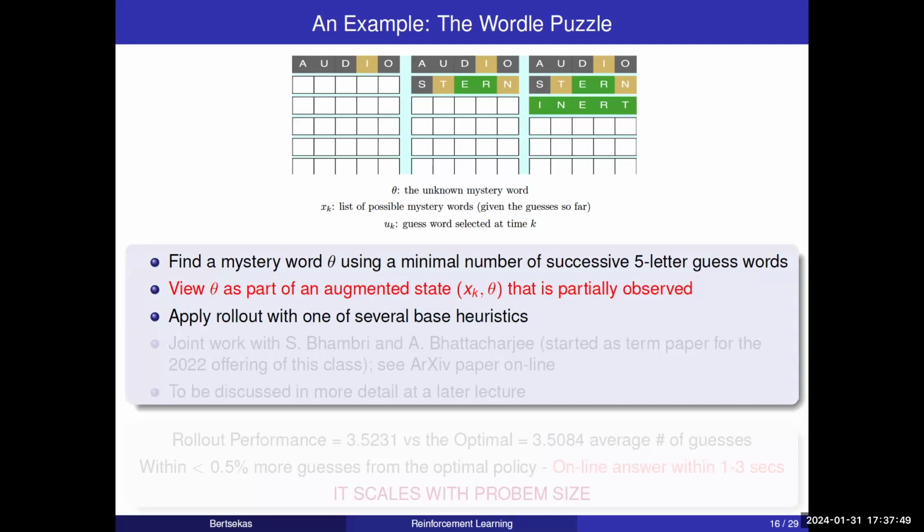So one guess word gives you a list of 100, another one 110, another one of 95, and you choose the guess that minimizes the length of the mystery list. Okay, that's another heuristic that's also fairly successful, and there are quite a few others that I'm not going to get into.